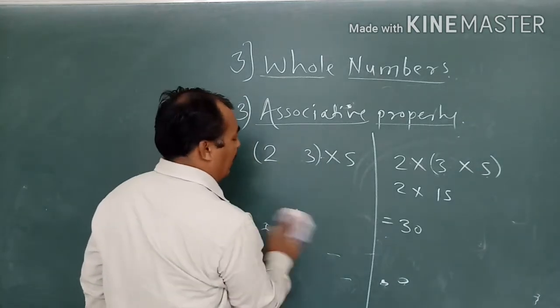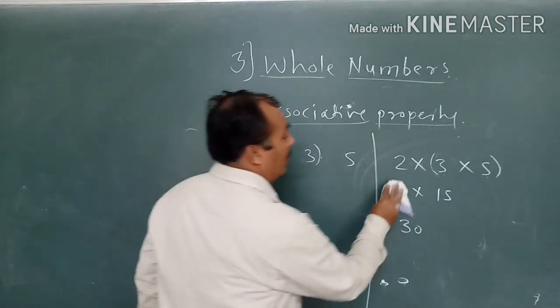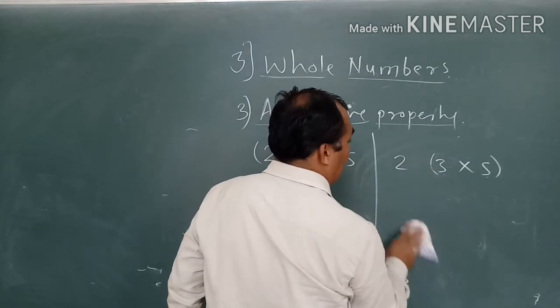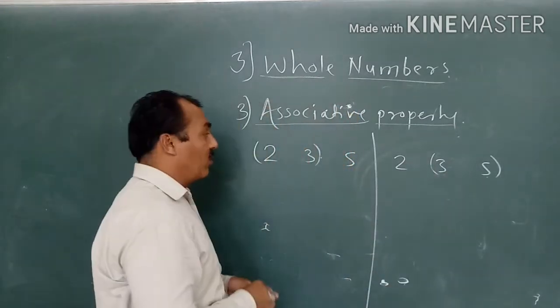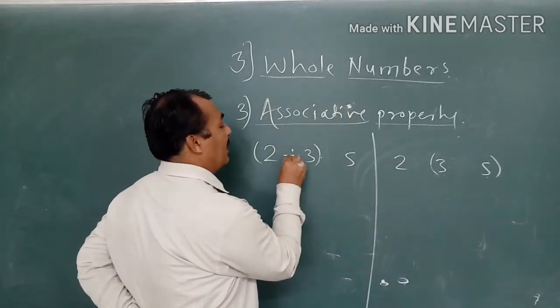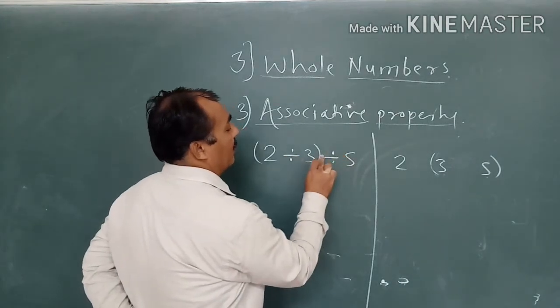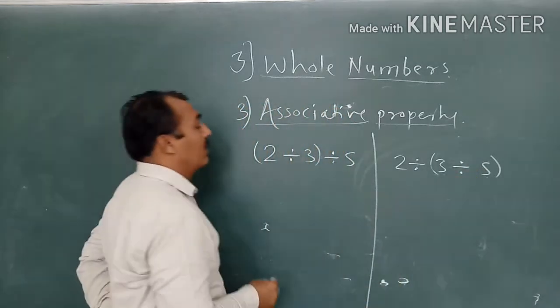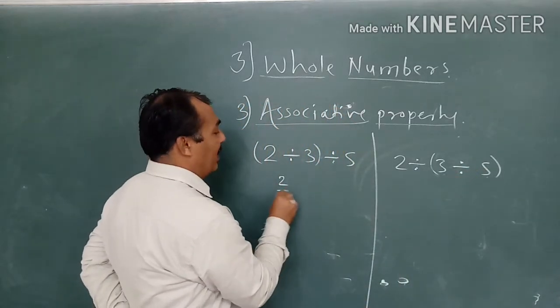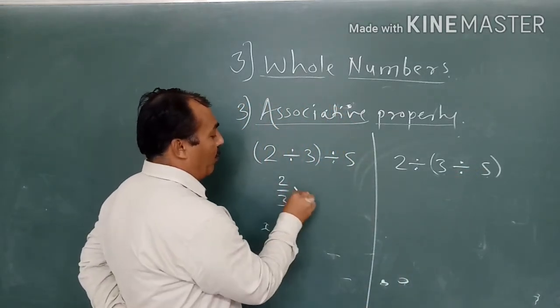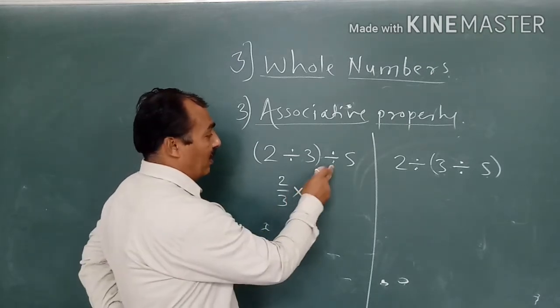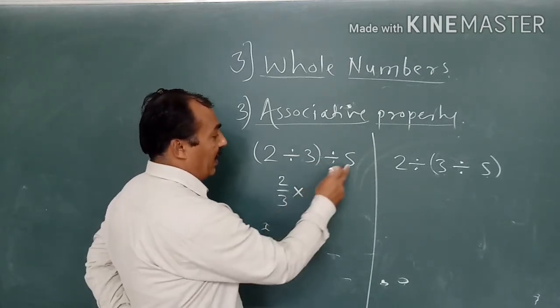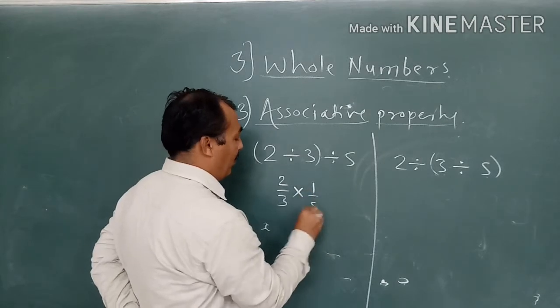We can associate them according to our choice. But in case of division, this associative property is not applicable for division of whole numbers. Suppose we apply this for division, what are the results? Let us see. 2 by 3, opposite of division is multiplication, and reciprocal of 5 is 1 by 5.